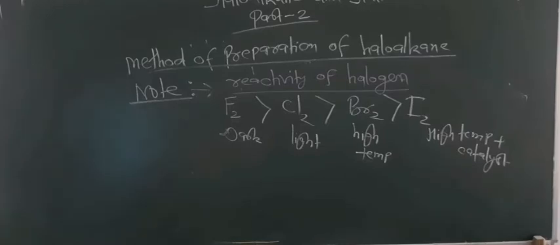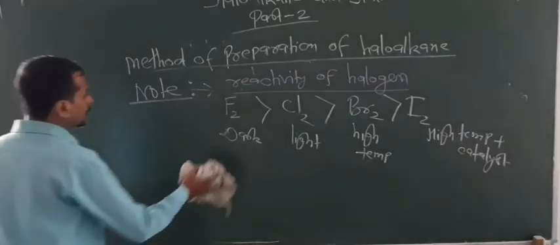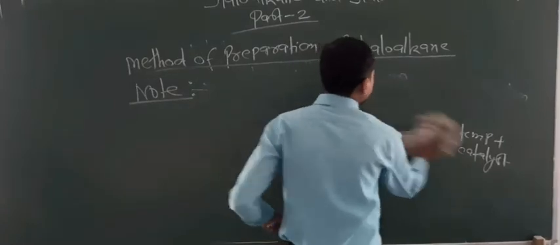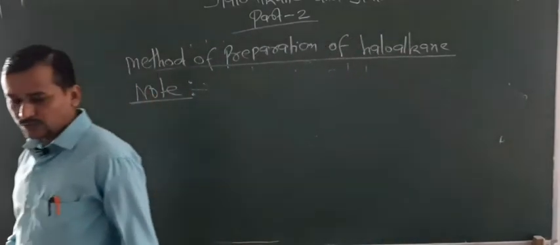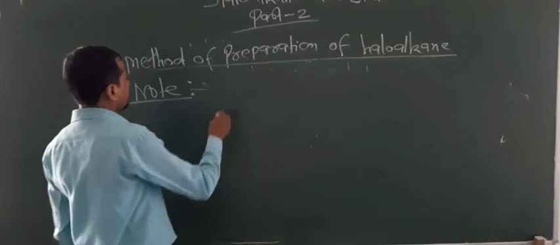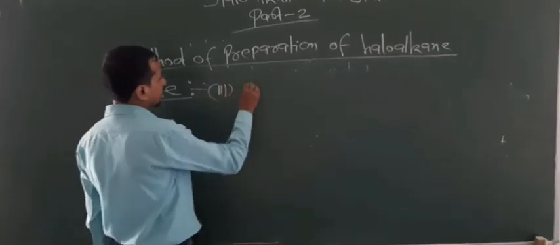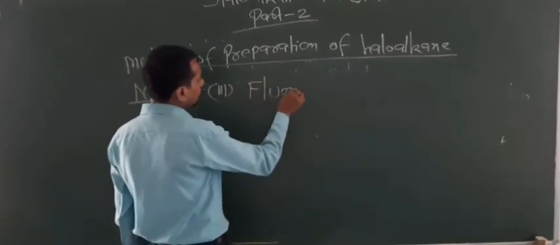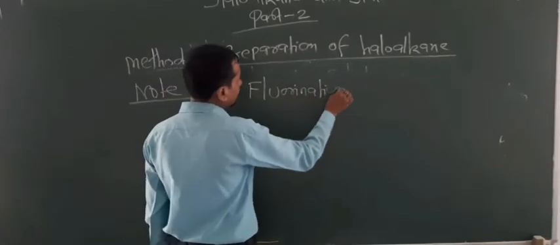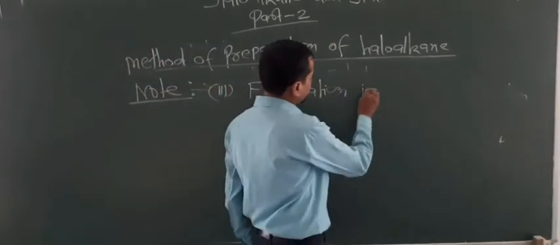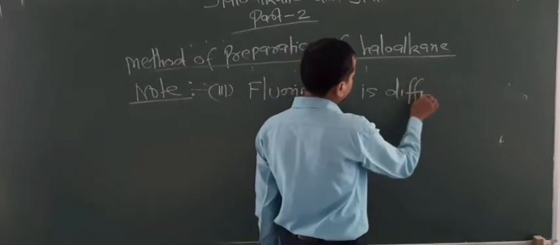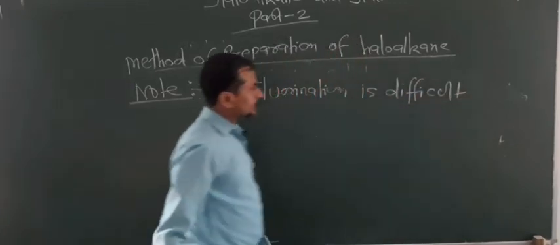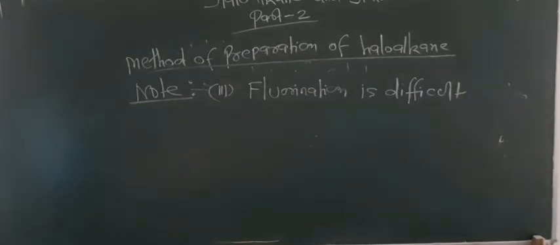Now some more noteworthy points. The next point: why does fluorination not occur in this case? So point number 3: fluorination is difficult. This is because of the high reactivity of fluorine, it can break the bond between carbon and carbon.